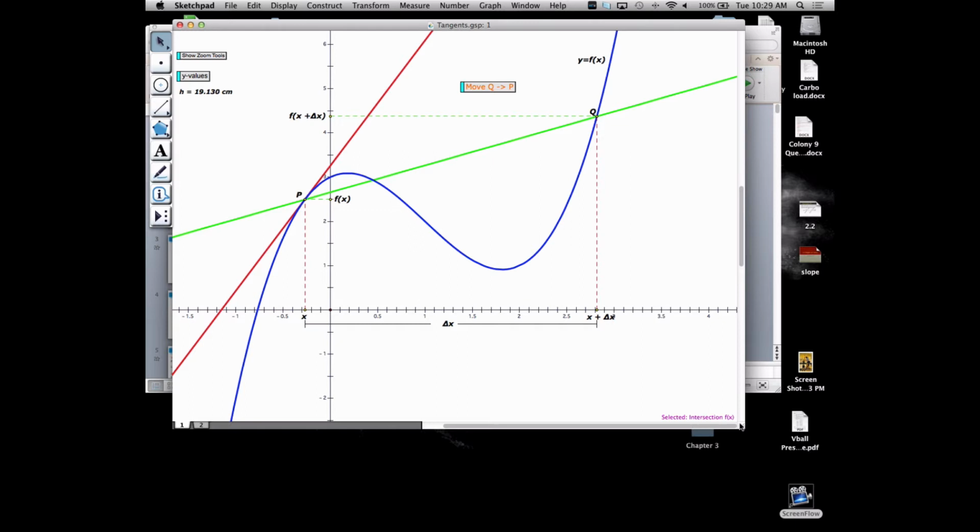If delta x becomes smaller, how small, Luke? Well, if Q moves, let's say, 2 units to the left, then delta x will become 2 units smaller. And as we continue to move Q closer to P, what happens to delta x, Luke? It would keep getting smaller.